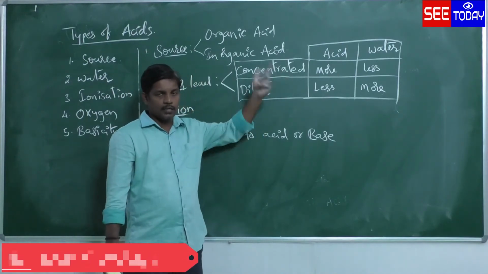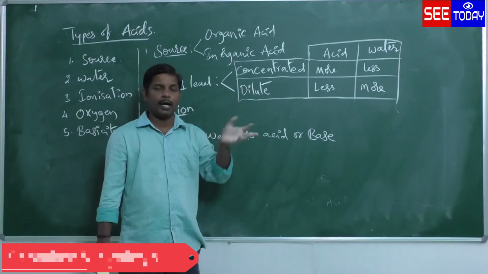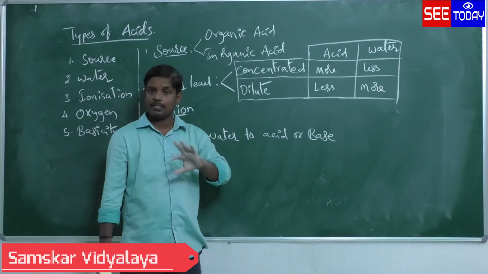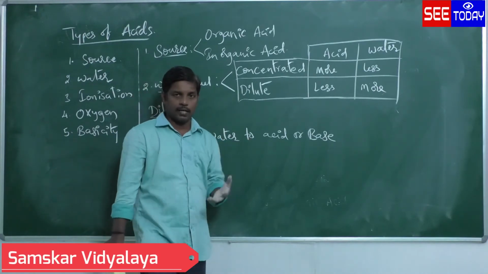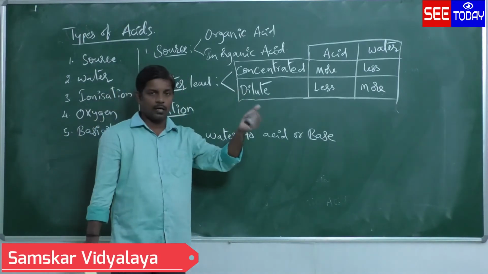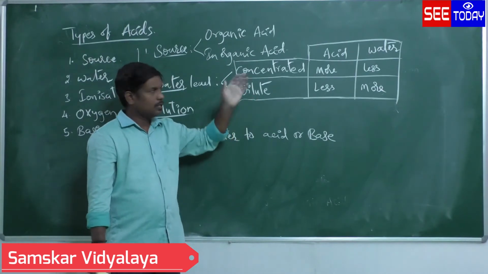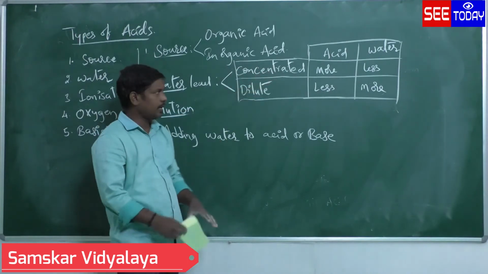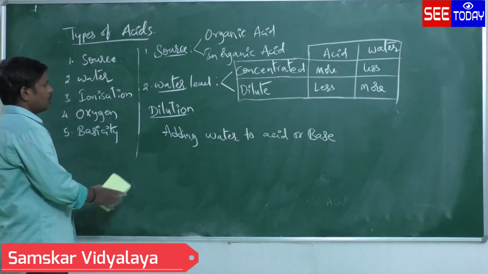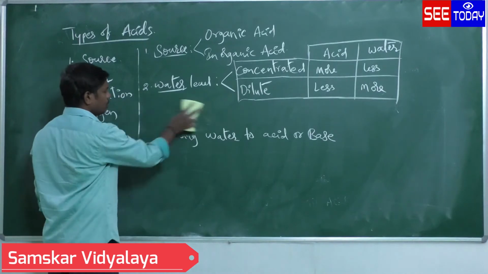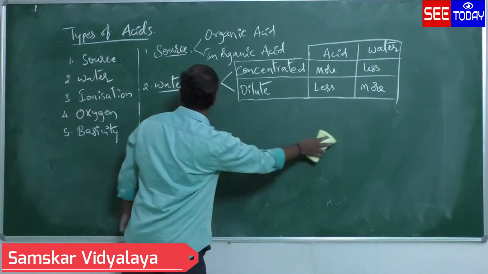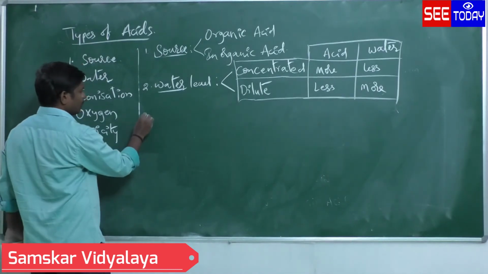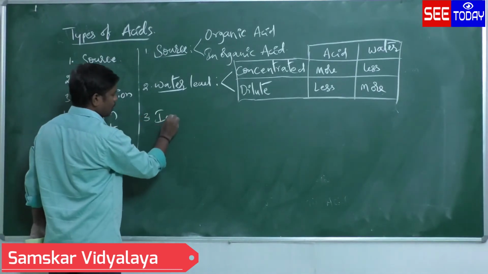So it is reversible: we can convert them by adding an external substance, which means external acid or water only, nothing else. So based on water level, acids are divided into two types: one is concentrated, another is dilute. The third one is based on ionization.